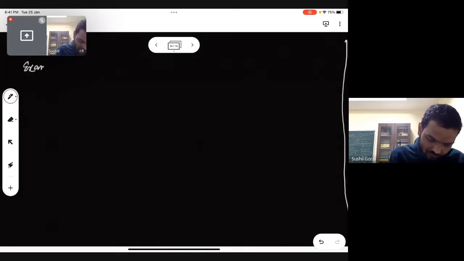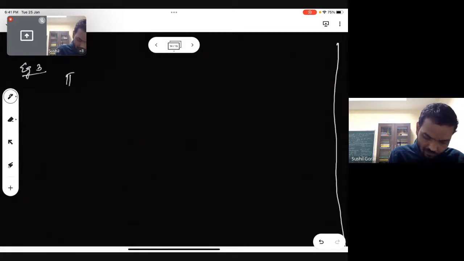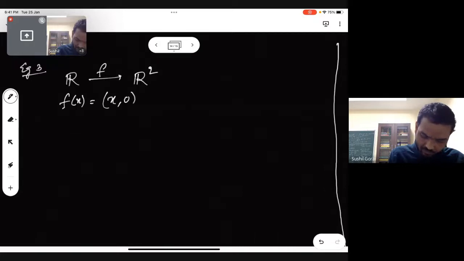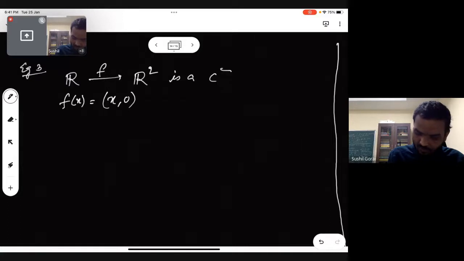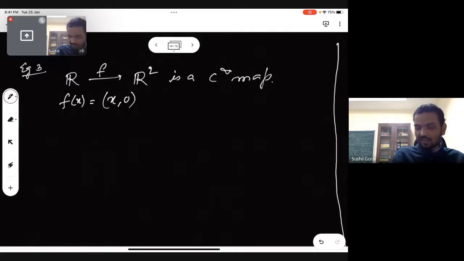Example 3: f from R to R2, f(x) equal to (x, 0), is a smooth map, right?